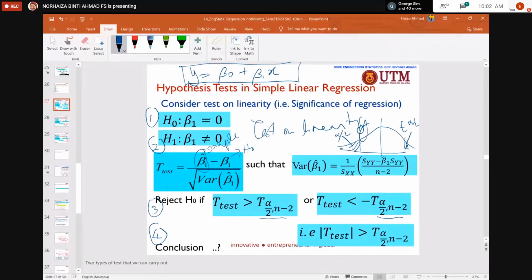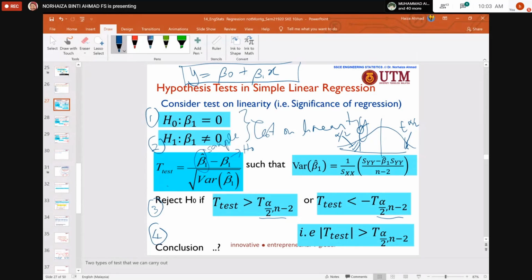I can test beta equals or not equals to 0 or some other value. For example, beta is k or beta is 5. It either equals or not equals to. This means that I'm testing on the linearity of the model.